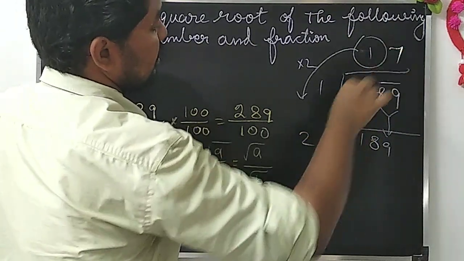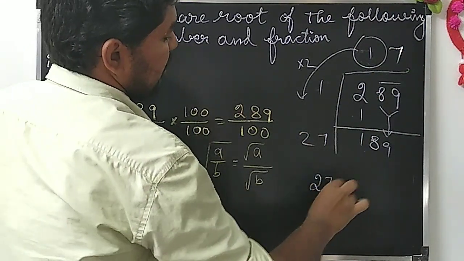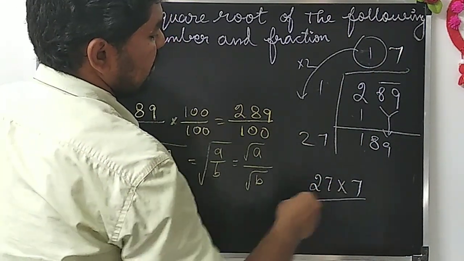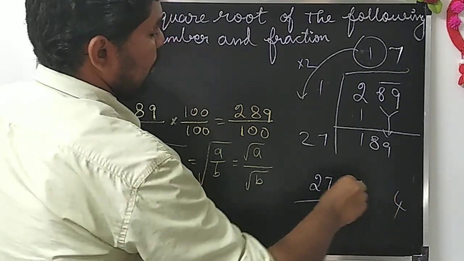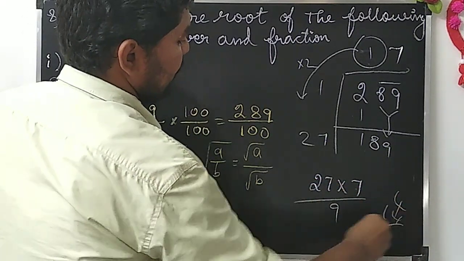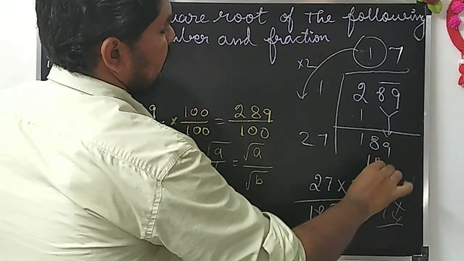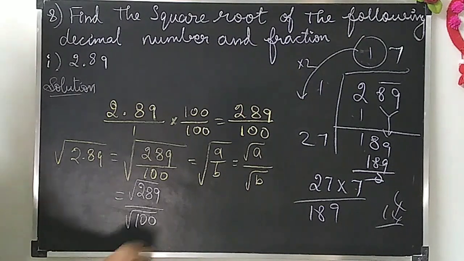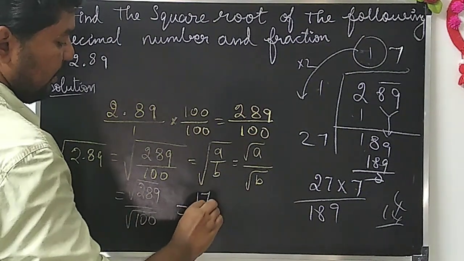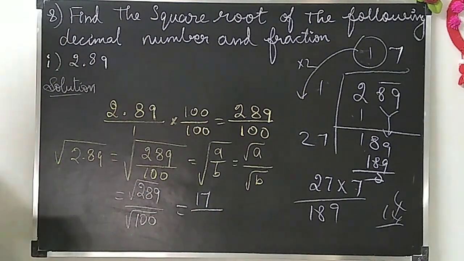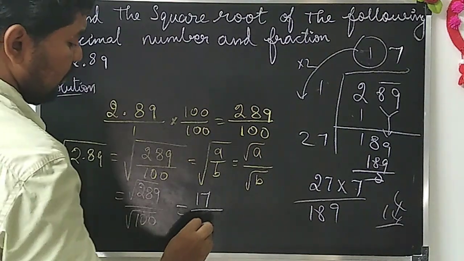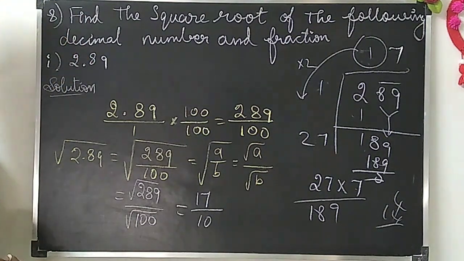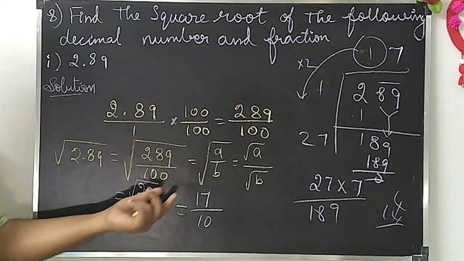So you write 7. 27 into 7: 7 7s are 49, write 9 remainder 4, 2 7s are 14, 14 plus 4 is 18. So 189 and 0. So square root of 289 is equal to 17. Square root of 100 is very easy. 10 tens are 100, so square root of 100 is 10. So square root of 2.89 is 17 by 10.